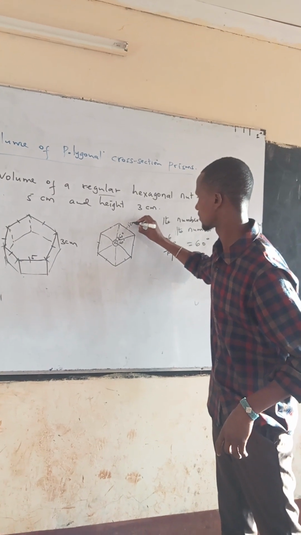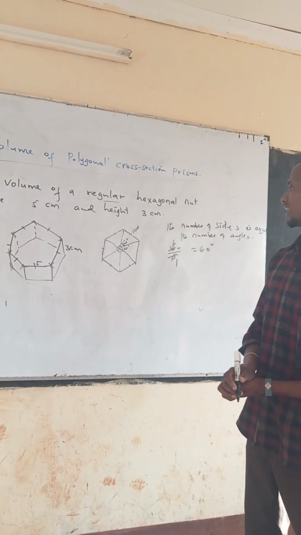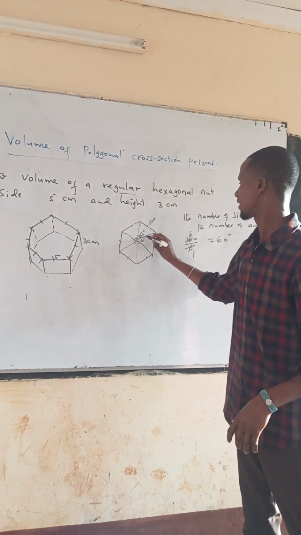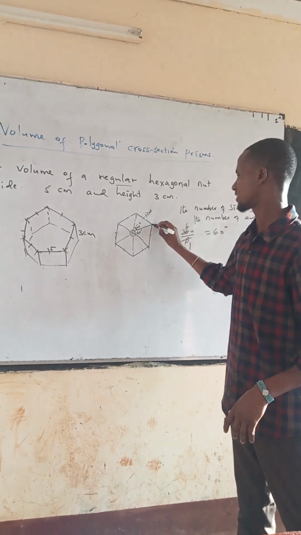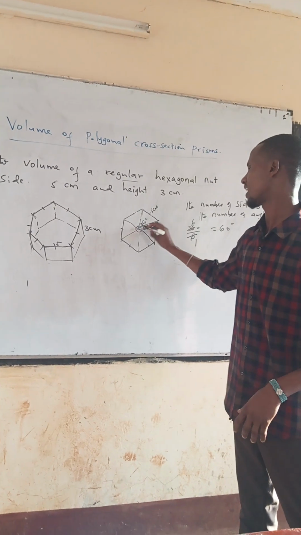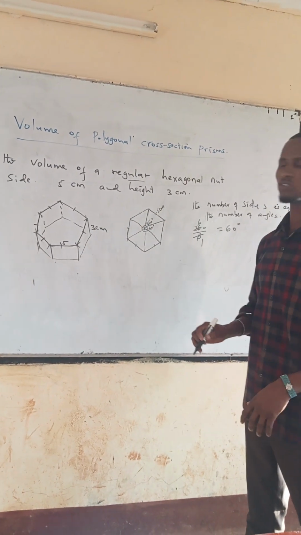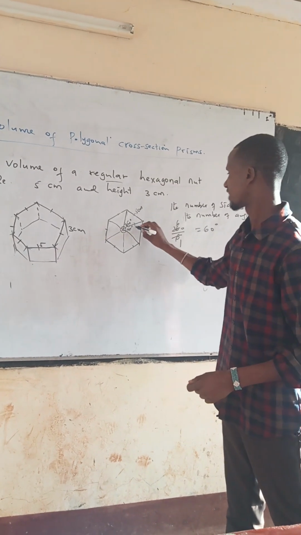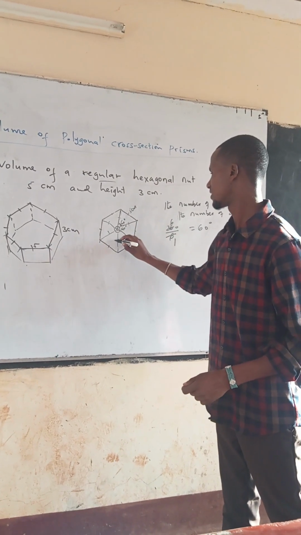It was 5 centimeters. And again, we know that these lines here, the lines that join the vertex of the triangle and the center, are the radii of the original circle. So they are equal.